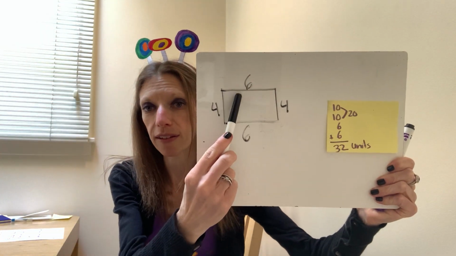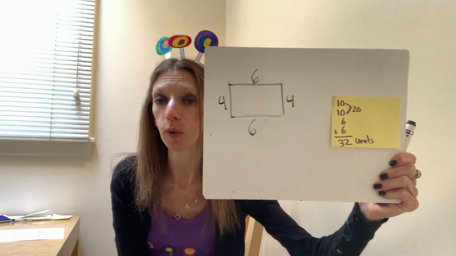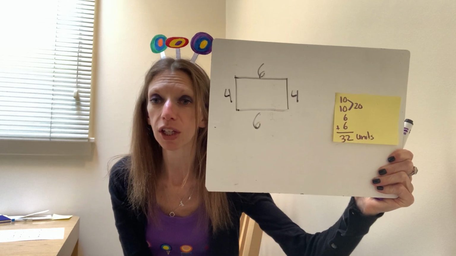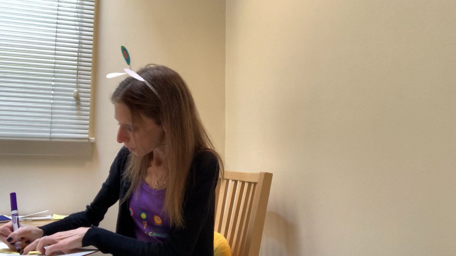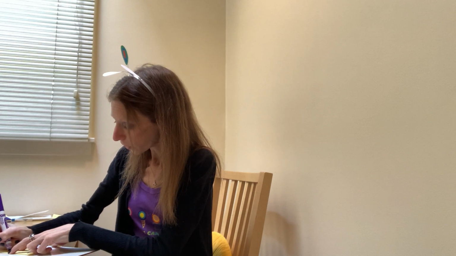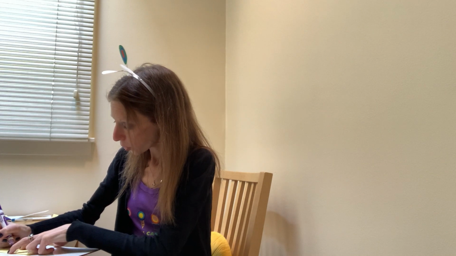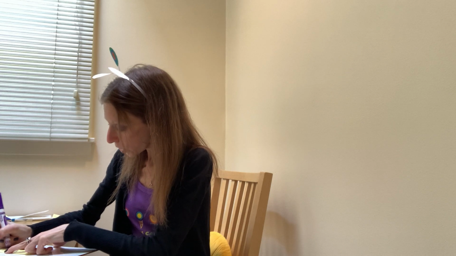So we have 6 for our length, 4 as our width. To find the area, we're going to go 4 times 6. I'll flip our sticky note over. This is what happens at the end of the year. All our markers and pens run out. So area equals 4 times 6, which is 24 square units.